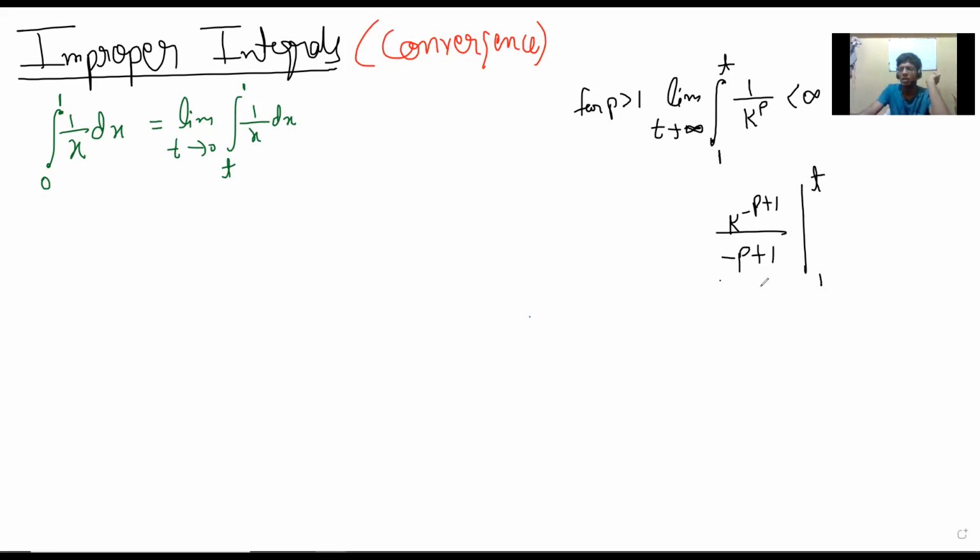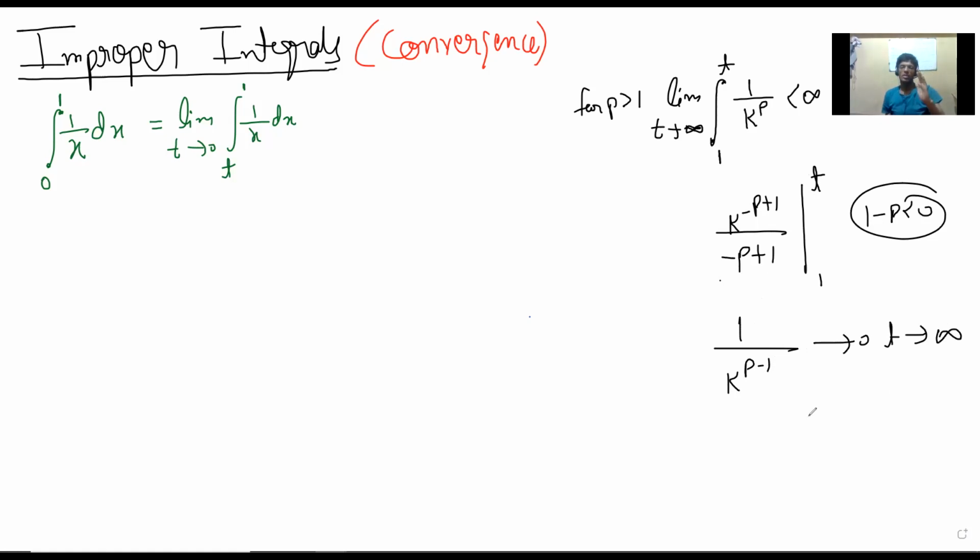Yes, and you see, because p is bigger than 1, it exists, right? Because 1 minus p is less than 0, and so this basically is of the form t to the power p minus 1 in the denominator, where p minus 1 is positive, and so it goes to 0 as t goes to infinity. Okay, so you see, we saw that just the analogous result holds from the summation theory.